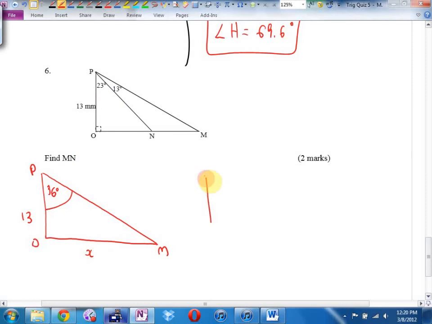Then I think I'm going to solve this smaller triangle where this is 23 degrees. I'll call that Y. And then I think MN is going to be the long side minus the short side, whatever's left. I think this is a subtraction question.